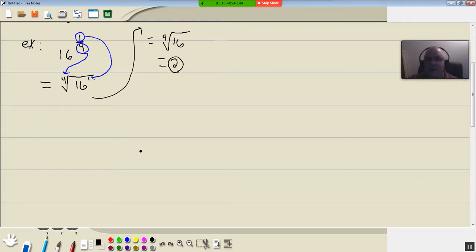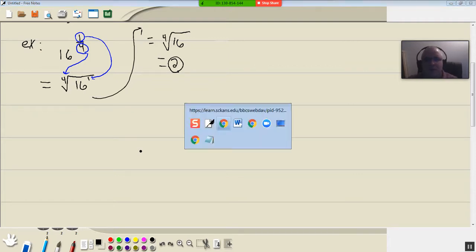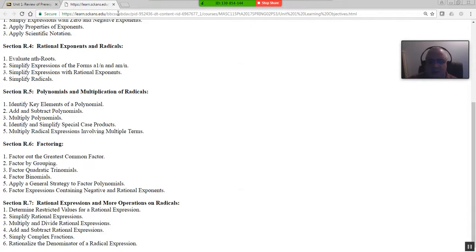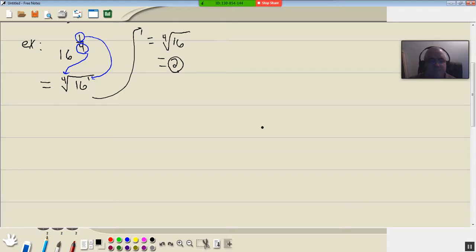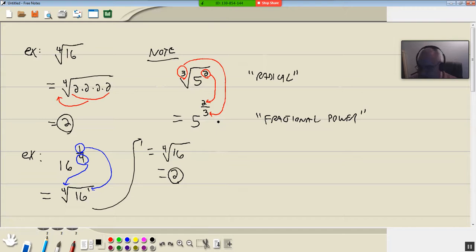Now, this next topic is where we're trying to evaluate expressions of the form a to the m over n power. Formatting's a little bit bad there, but let's talk about that. Let me clear this off.